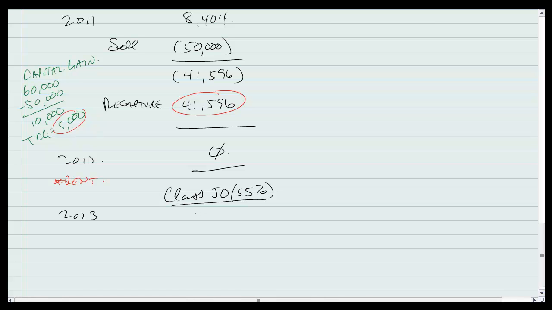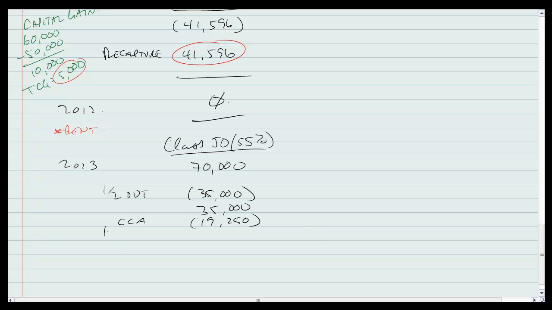This one started with a 0. We add the purchase of $70,000. We do the half-year rule. So take out 35, leaving 35, calculate the CCA of 55%, so that's 19,250. Put the half back in, and we get an ending balance of $50,750, if my math is right.